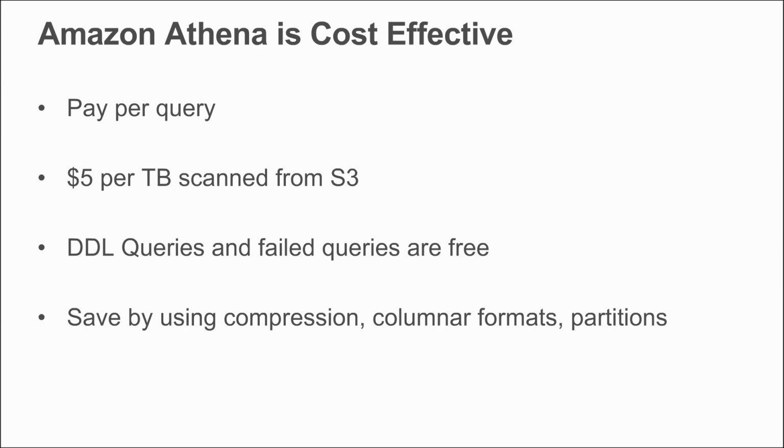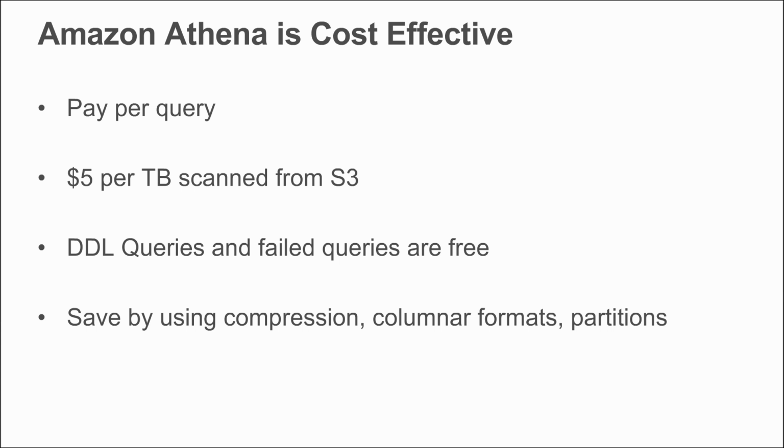Athena is cost effective. It's a very simple pricing model. It's a pay per query pricing model, so there is no upfront cost for Athena. If you have data sitting in S3, you just pay S3 rates for that data, and if you don't run any queries, you don't pay for Athena. On a per query cost, the charge is $5 per terabyte scanned from S3.